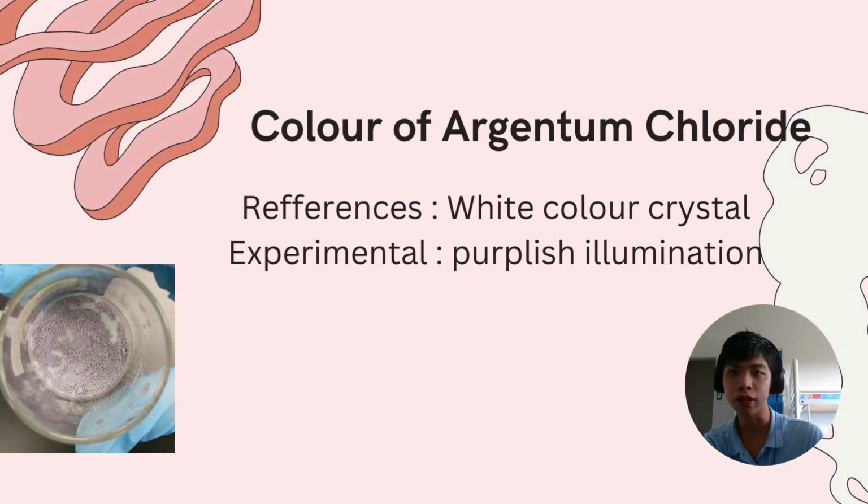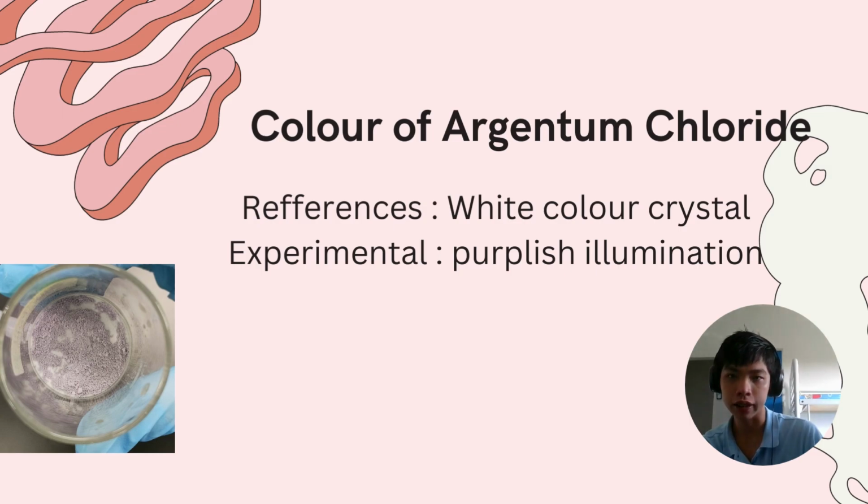When we discussed the color of argentum chloride, the left picture shows it in a purple color. However, our reference states that the color of the crystal should be white. But it is important, because the color shows that the argentum has already been reduced to its original state, so it gives a purplish illumination in our experiment.